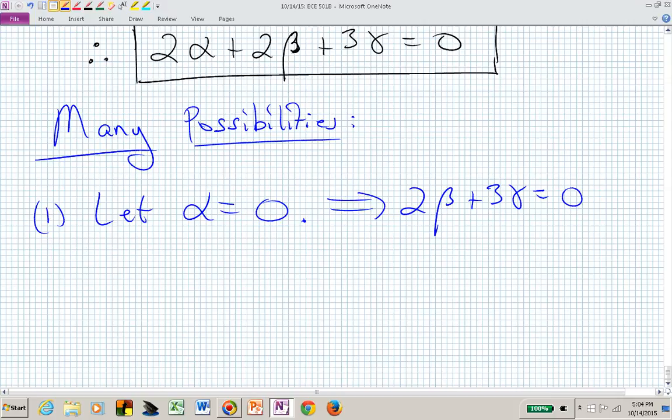Again, we have two unknowns in one equation. We can just arbitrarily assign one of those. Suppose we let gamma be 2. Now we need beta to be minus 3.